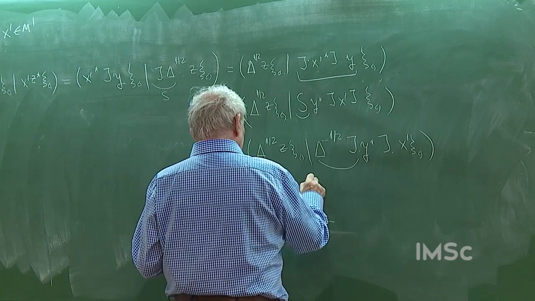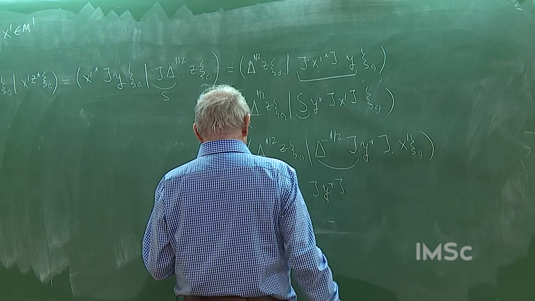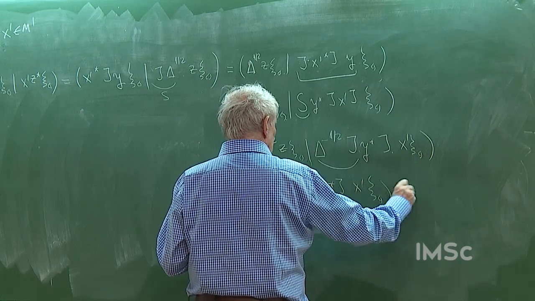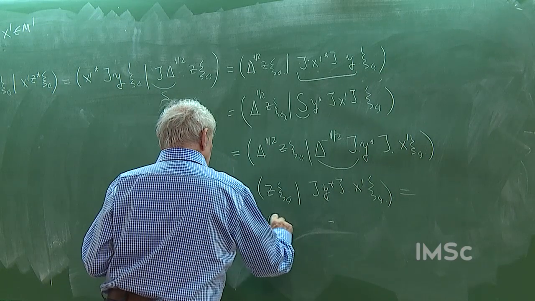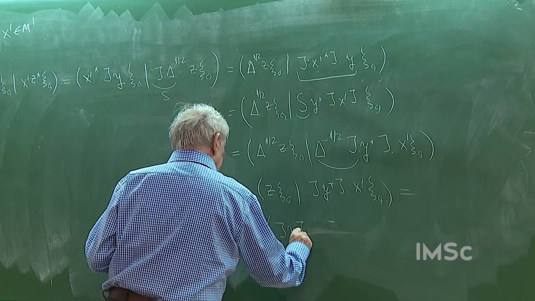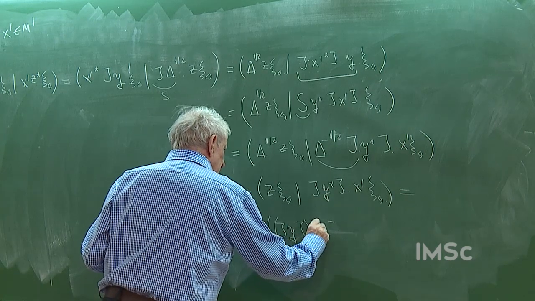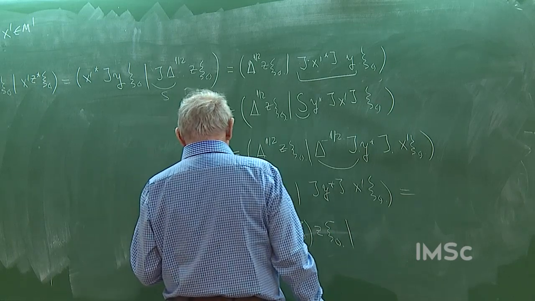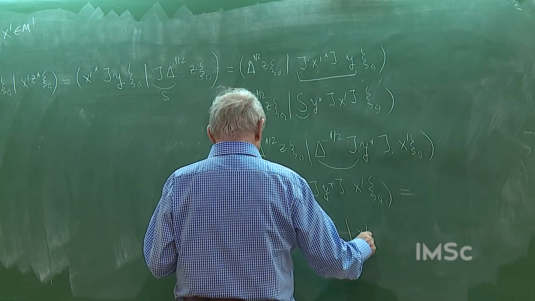And what I get is J Y star J X prime of psi naught. And finally this is equal to J Y J, the adjoint of this thing, times Z psi naught, X prime psi naught.